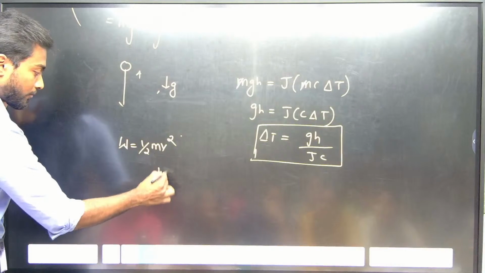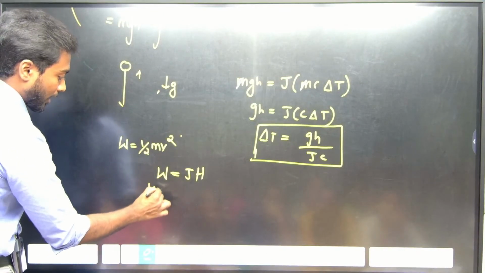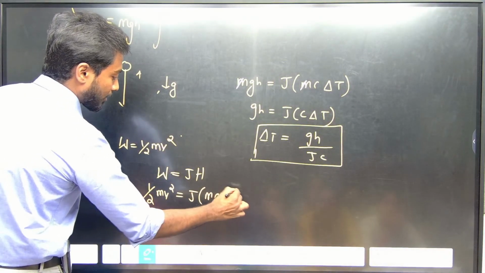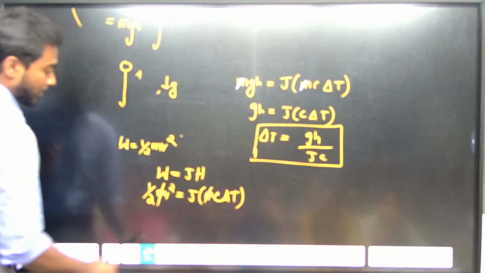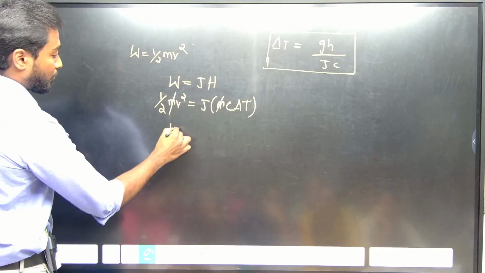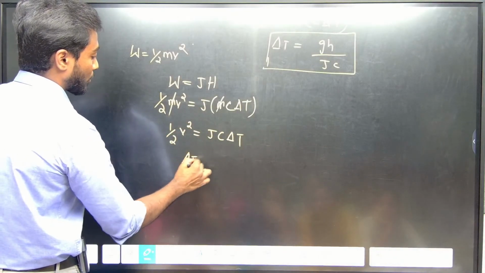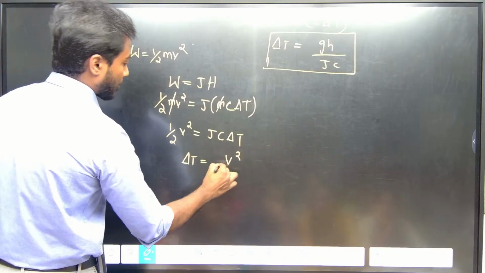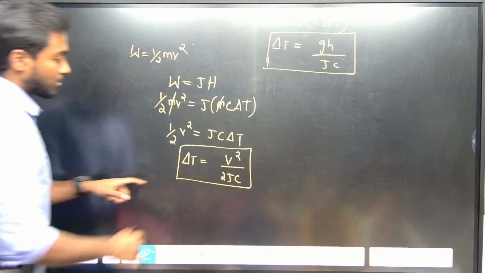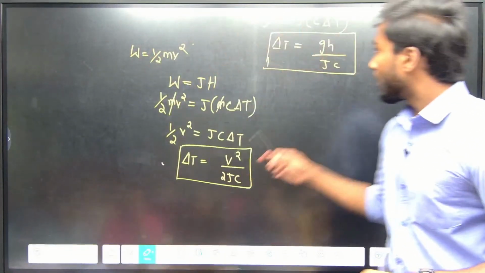Then work done will be equal to J into H, which is half mv square equals J into mc delta T. So here also m will get cancelled. Then half v square will be equal to Jc delta T. So the change in temperature will be v square by 2 into Jc. So this is for when a body is moving with velocity v, and the earlier one is for an object falling from the height h.